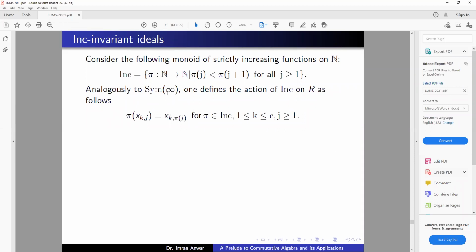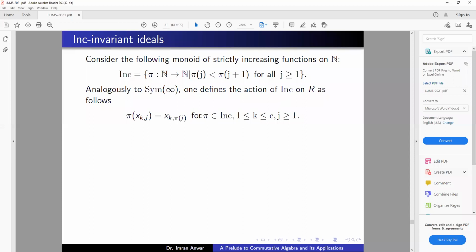Analogously to Sym infinity, one can apply this. Instead of taking the operator from this group, one restricts to a monoid acting on R. How to apply Inc is the same way the Sym operator was operating: you plug pi into the second index and compute in the same way.